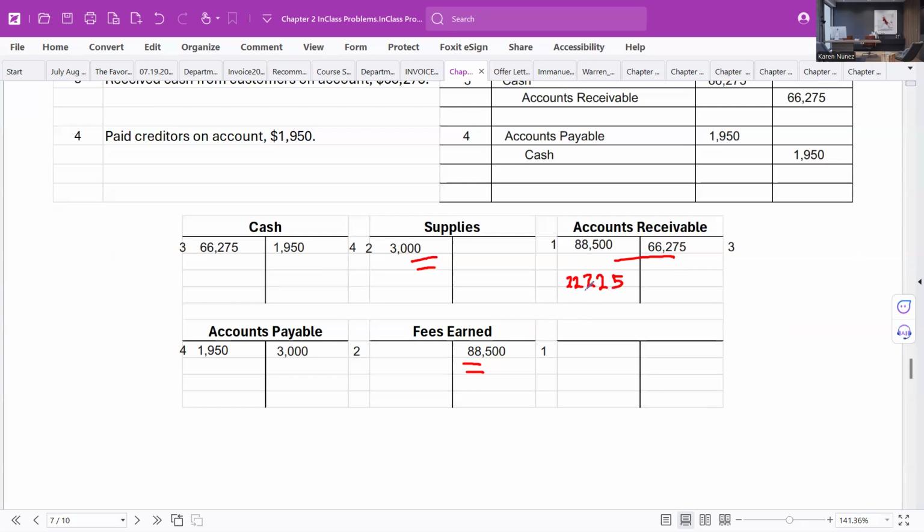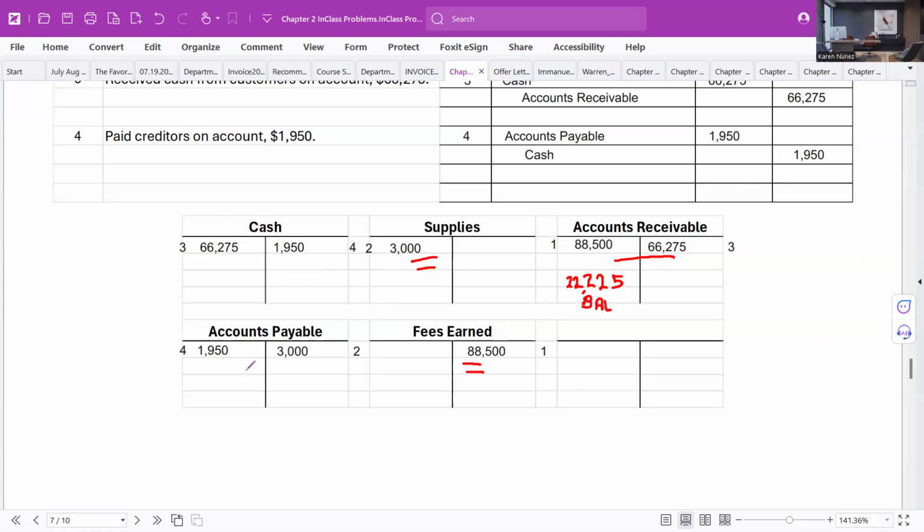That's our balance in that account. And again, all we're doing is netting the debits and credits. Accounts receivable is an asset. Assets normally have a debit balance. So the debits are almost always going to exceed the credits.